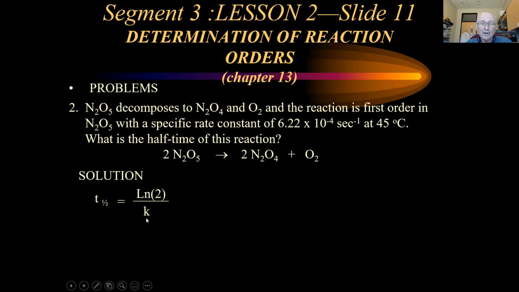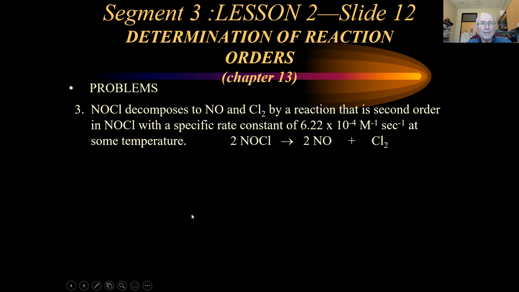And this is going to be characteristic of all first order equations. The time to get to 1/2 is just the log of the number 2 divided by whatever the rate constant is. That would be the half-time. So we can plug in these data and solve for it. And in this case, it takes 1114 seconds to reach 1/2. And that would be constant throughout the reaction if it's first order.